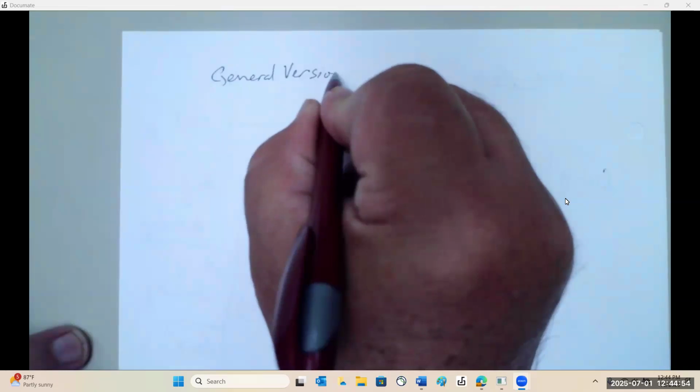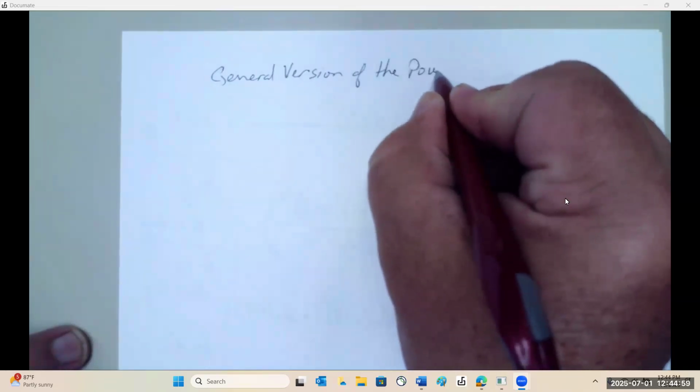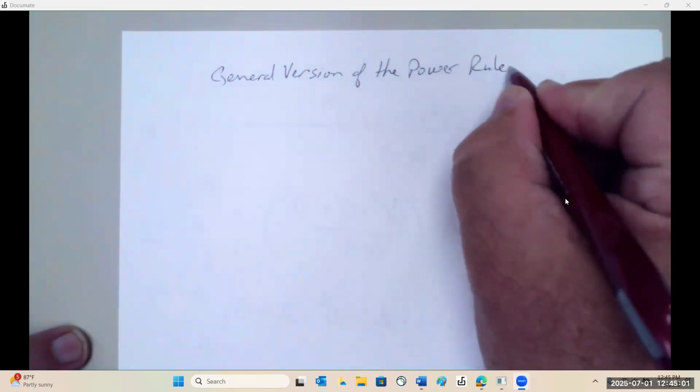So the general version of the power rule. Which means now, what was the power rule to begin with?